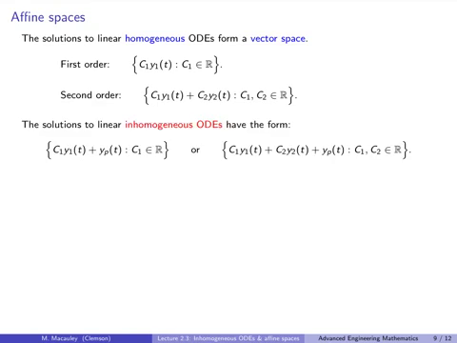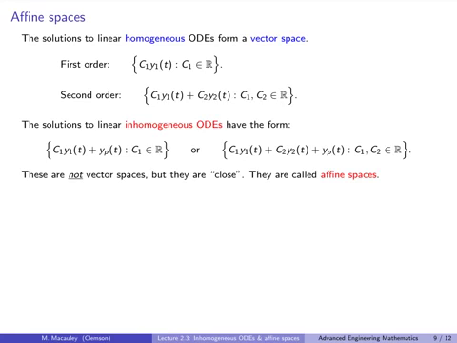In contrast, the solutions to linear inhomogeneous ODEs have the following form: C1 y1 of t plus a particular solution, or C1 y1 plus C2 y2 plus a particular solution. Again, C1 and C2 are any real or complex numbers.